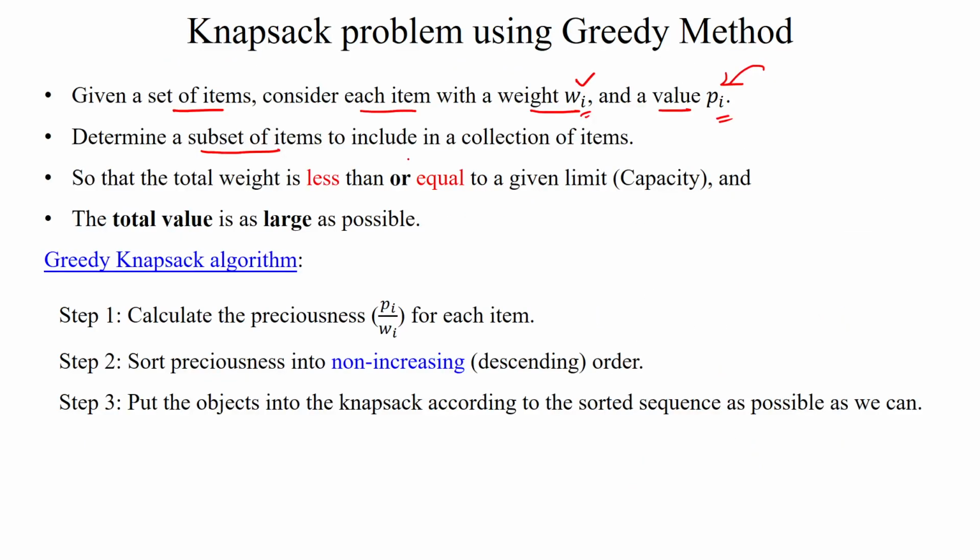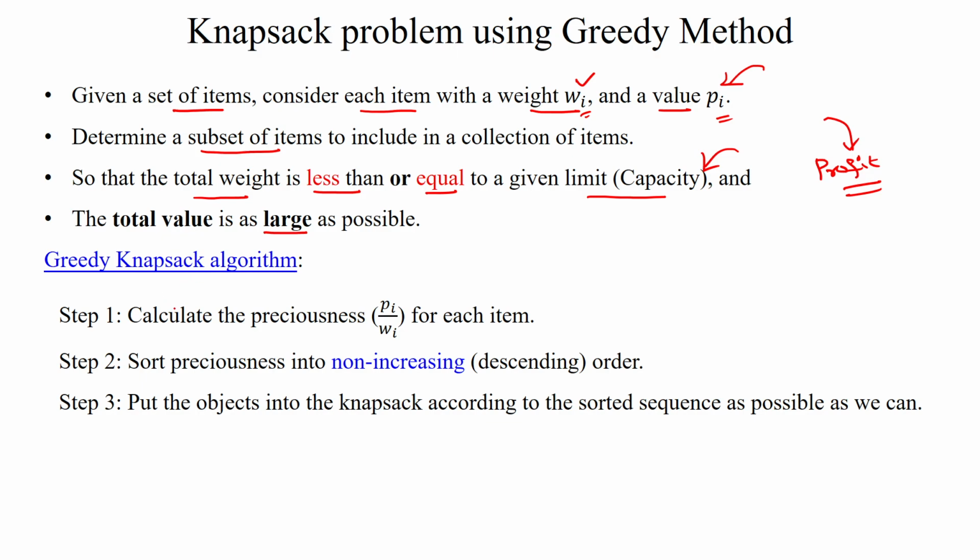The total weight of the selected items should be less than or equal to the capacity of the knapsack, and the total value should be as large as possible. When you are purchasing the items, the profit of all the items should be maximum. So it should satisfy the capacity while also maximizing the profit.